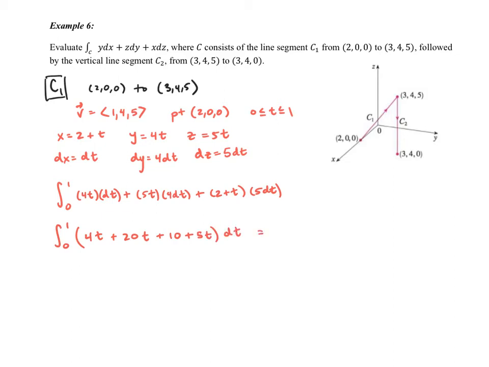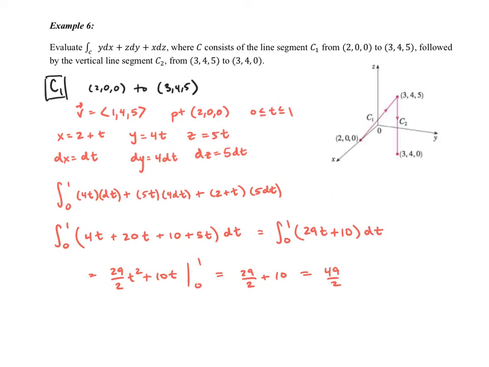That simplifies to the integral from 0 to 1 of 29t plus 10 dt. So there's our simplified form. I'll go ahead and pause the video and work out the antiderivative, and then we'll start the second path. Okay, so here we go. This is going to be the value of the line integral for C1. So the first path is going to be 49 over 2.